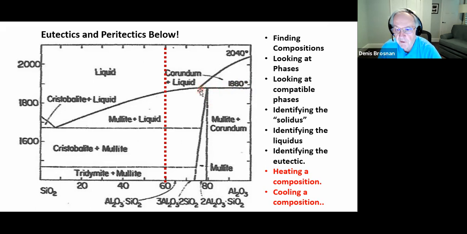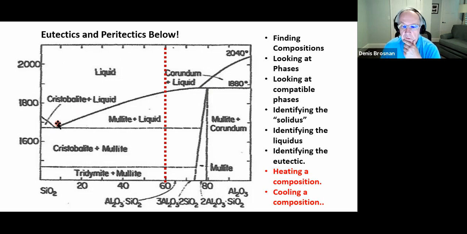Definition of a paratectic: it does not melt into a liquid of the same composition. On heating, you go over the paratectic point and you form another solid and a liquid. Now, that's in contrast to the eutectic, where you melt a eutectic mixture and everything becomes liquid all of a sudden.